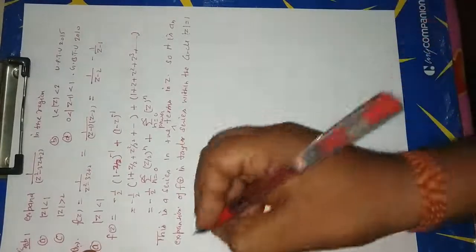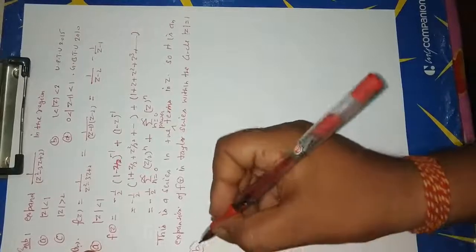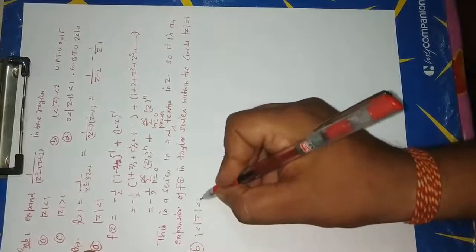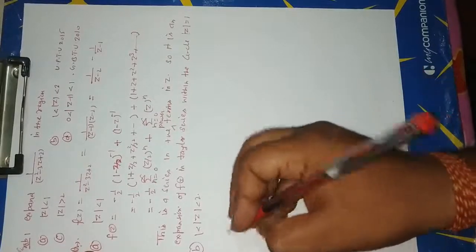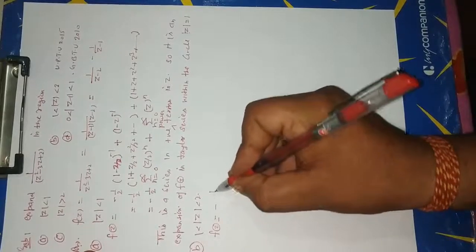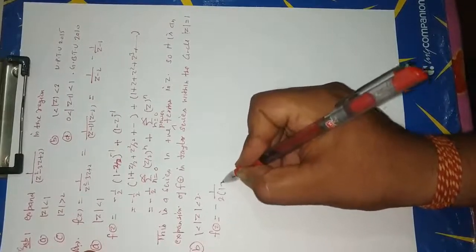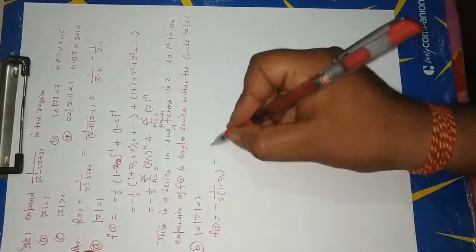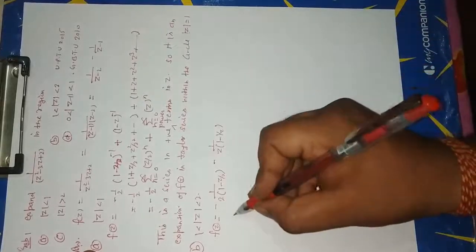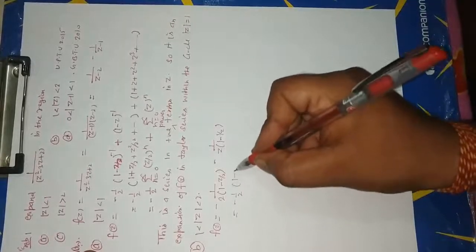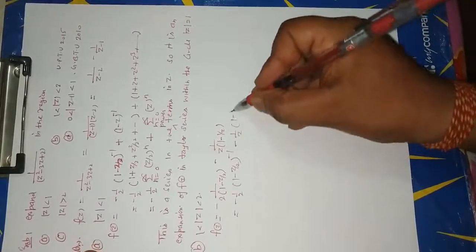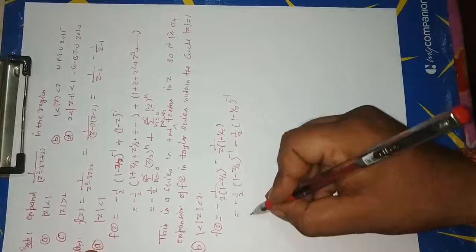Now B part, z modulus greater than 1 and less than 2. In this case, f(z) equals minus 1 upon 2, (1 minus z by 2) whole power minus 1, minus 1 upon z, (1 minus 1 upon z) whole power minus 1.